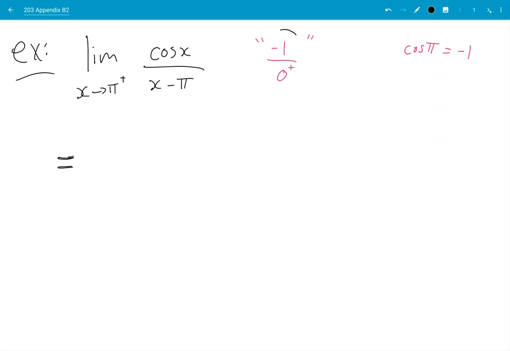What you have is minus 1, which is not doing anything special. But the 0 plus in the bottom is making the fraction overall very large. It ends up being negative because of negative 1. So I get minus infinity here.